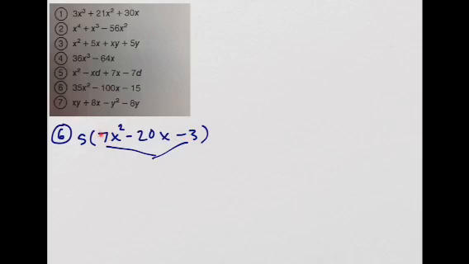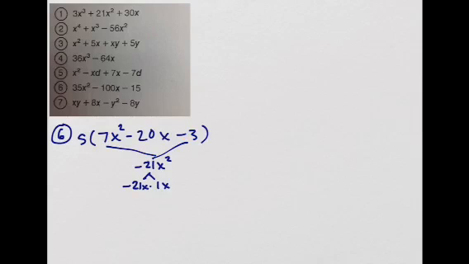But because it's not a 1 right here, I have to multiply them. So I get negative 21x squared, and factors of negative 21 that add up to negative 20 would be negative 21x times 1x. Okay, those two multiply and give you negative 21 and add up to negative 20.